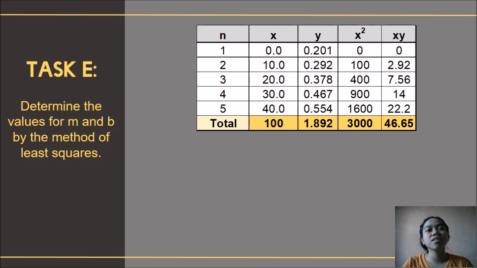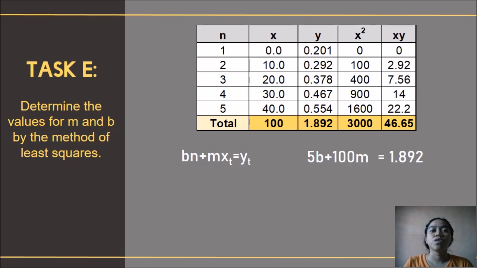Then we have this guide for us to know where we put them. So bn plus mΣx is equal to Σy. b here is the intercept, n is the number of samples, m is the slope, Σx is the total of x, and Σy is the summation of y.